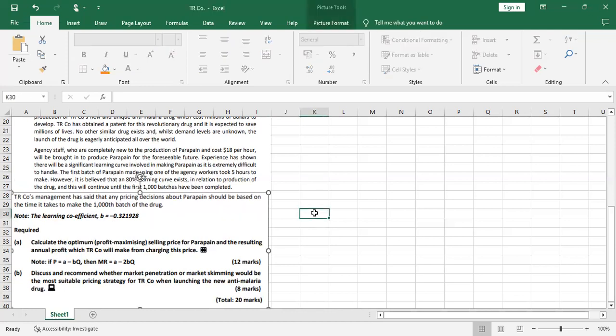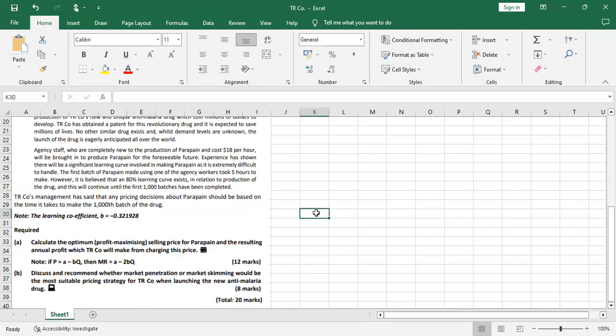Most of the times now, for the last number of years, the examiner is generous in the section C question and calculates B on his own. But if he is asking a learning curve question in section A or section B in MCQ, then it is expected that he will ask you to calculate it yourself.